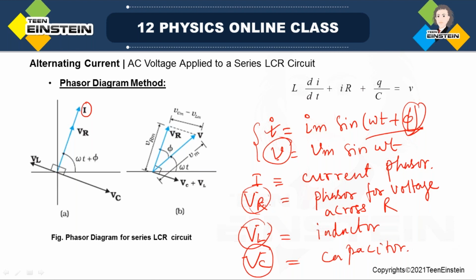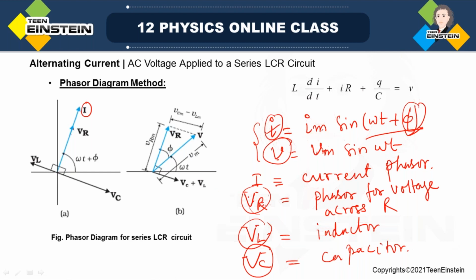We have already seen that in a resistive circuit, the current and applied voltage don't have any phase difference. So there is no phase difference between I and VR.